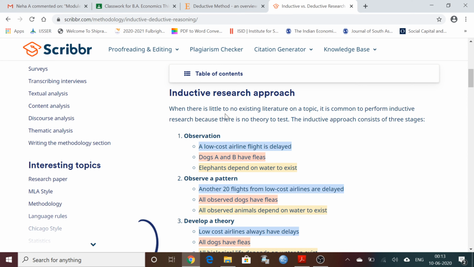For research, we need observation. So observation is an essential part of research. And what you have observed: a low-cost airline flight is delayed, right? So observe a pattern. You have to check the pattern. Another 20 flights from low-cost airlines are delayed.